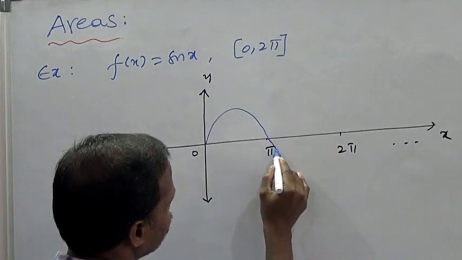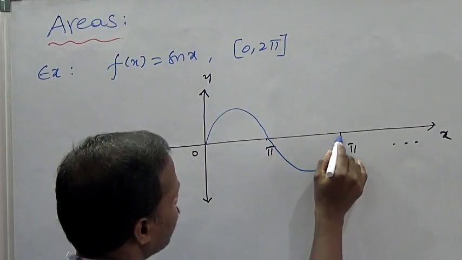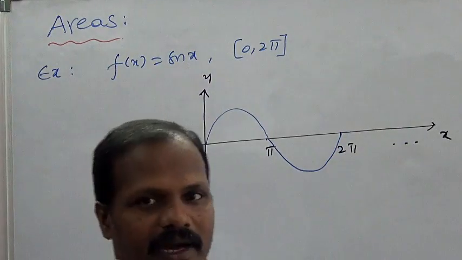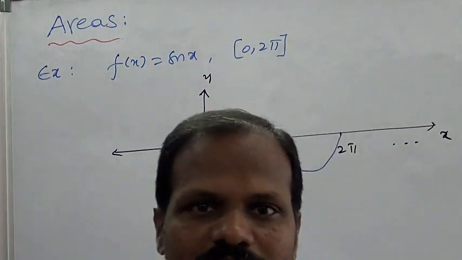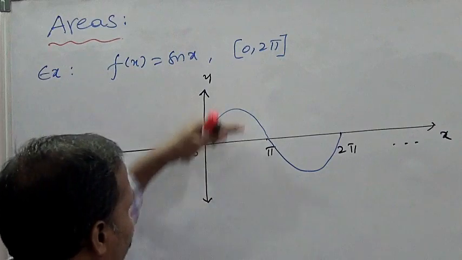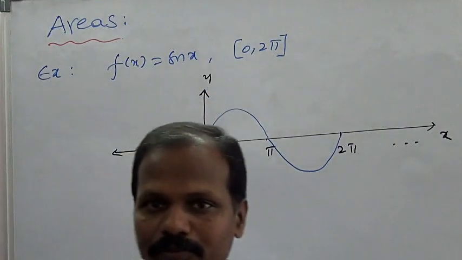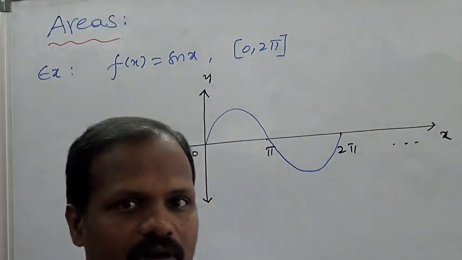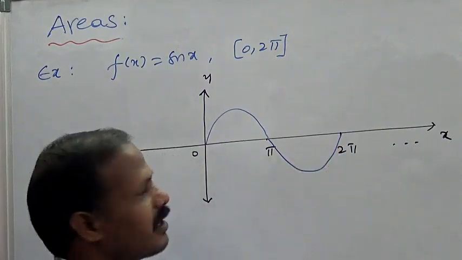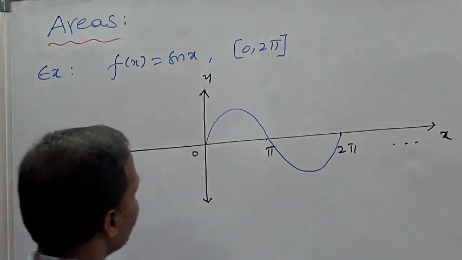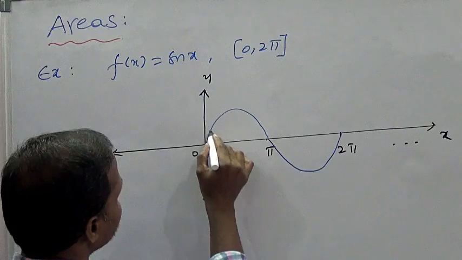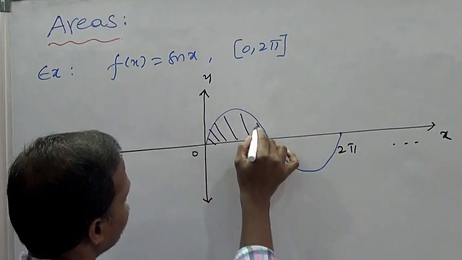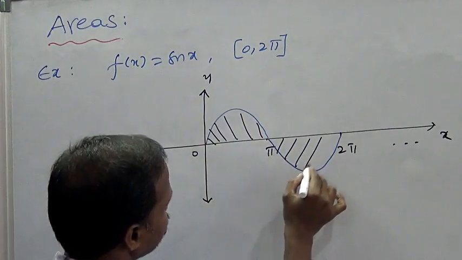Sin x in the first and second quadrants is positive, so above the x axis. From pi to 2 pi, third and fourth quadrants, it is negative, so below the x axis. Now you have to find the area of this part and this one.